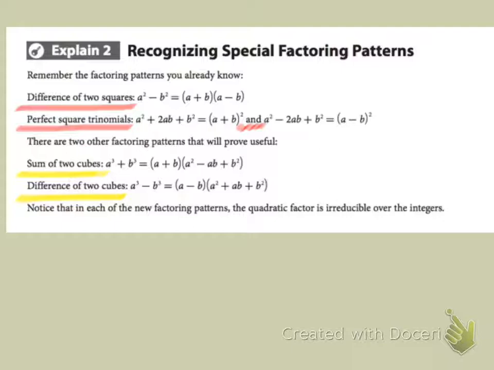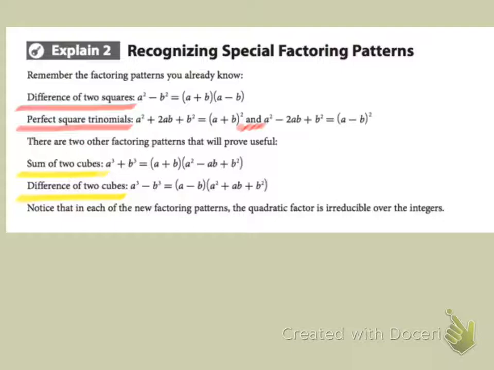But when it comes to cubes, there's a special pattern for a sum of two cubes and a difference of two cubes. So we're going to take a look at how those work. This is the special pattern that a cubed plus b cubed is equal to, and notice the factored form has a binomial and a trinomial. The binomial is a plus b, which means it's the cube root of the original terms.